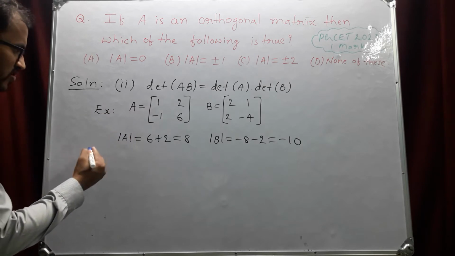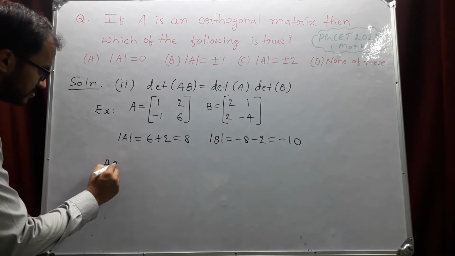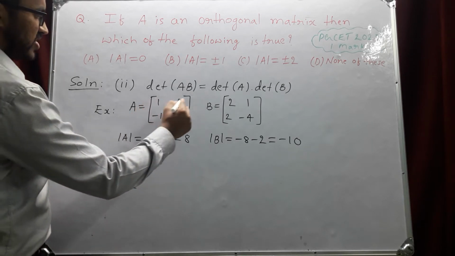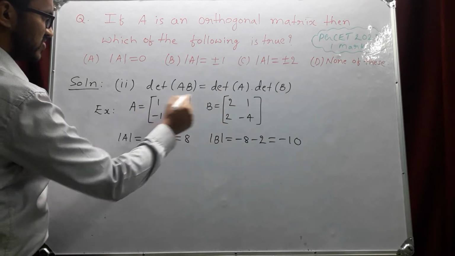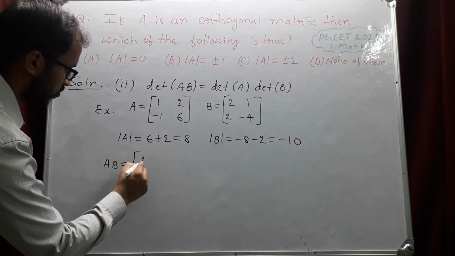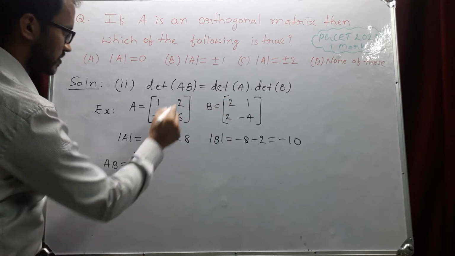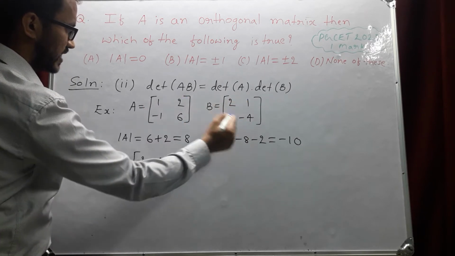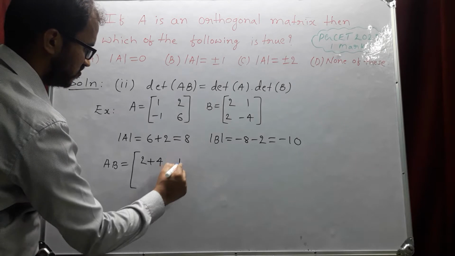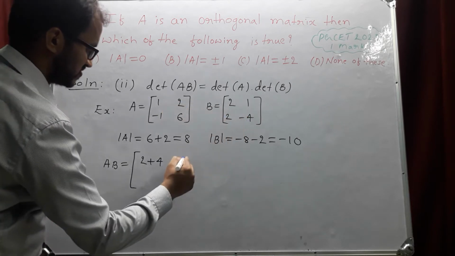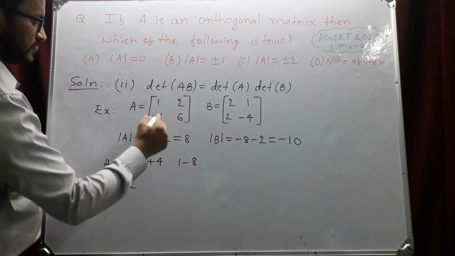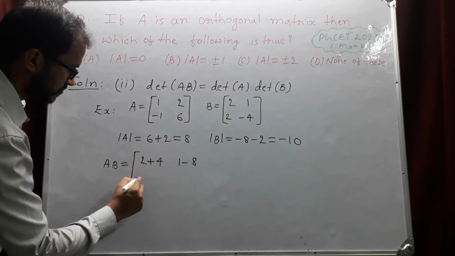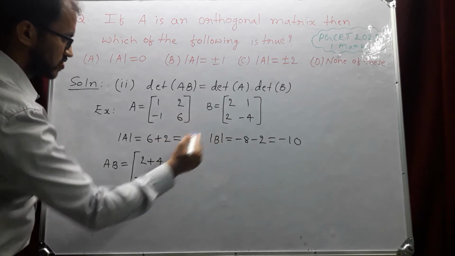Now find the value of AB. Matrix AB is equal to: first row into first column, that is 1 into 2, which is 2, plus 2 into 2 becomes 4. First row, second column: 1 into 1, 1, plus 2 into minus 4, minus 8. Second row, first column: minus 2 plus 12.